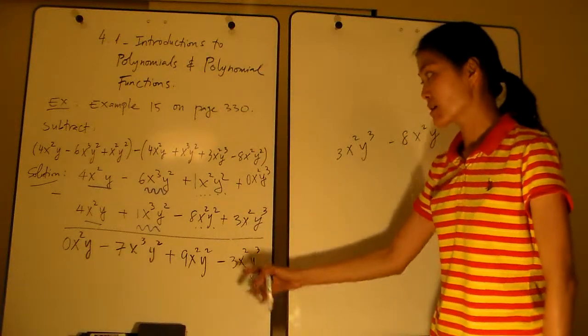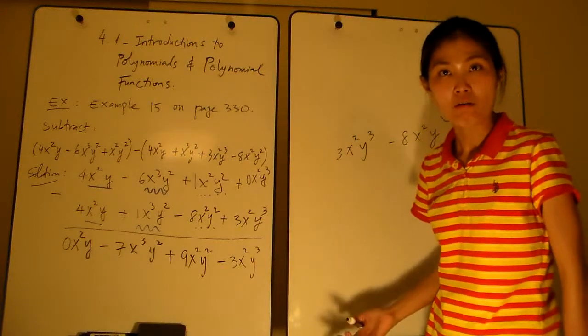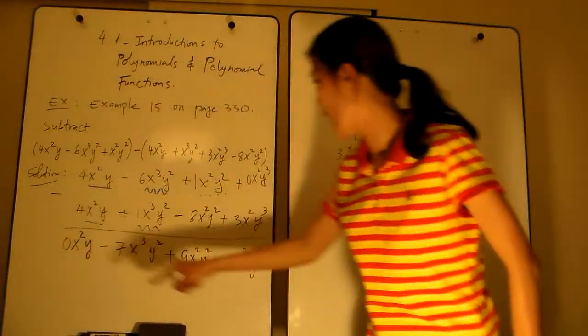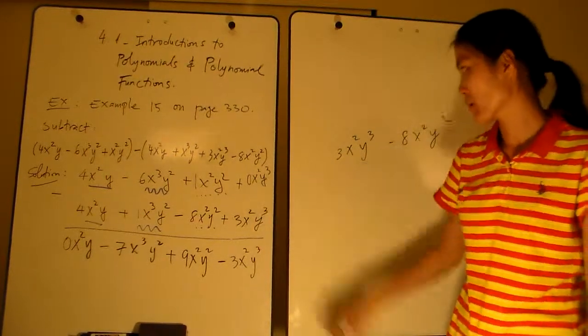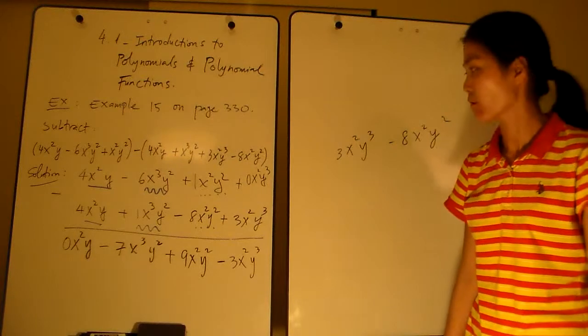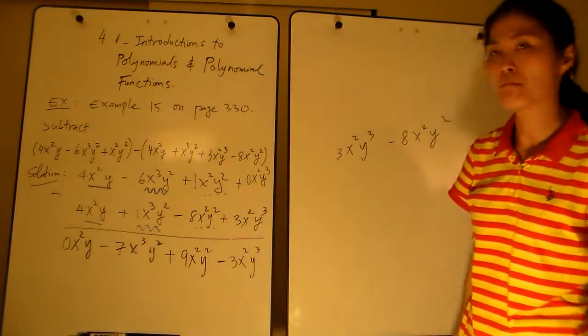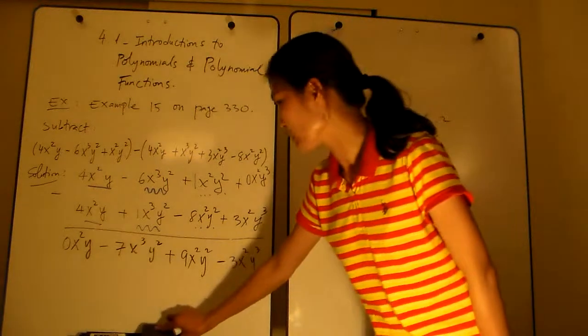Same variable, 0 coefficient. 0 times anything is 0, okay? So 0, subtract 3, which is negative 3, of those variables. So nothing there just means 0 times those variables.